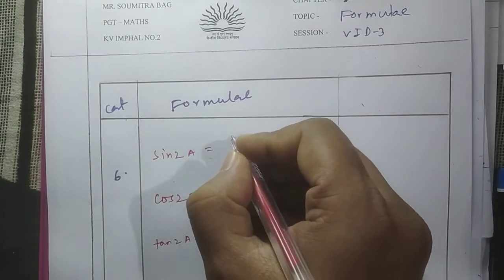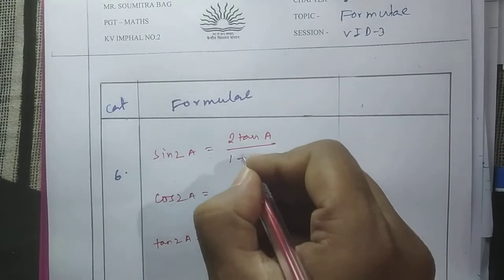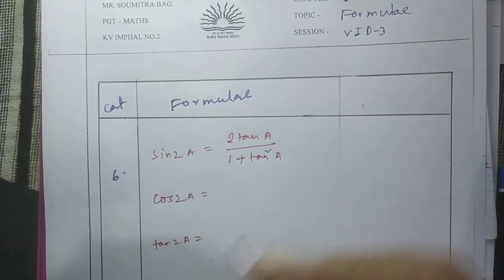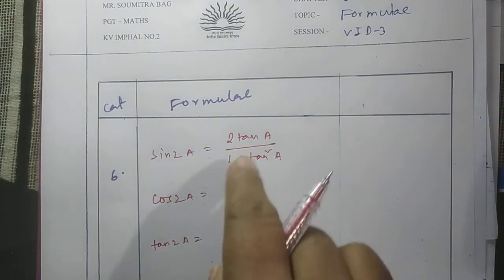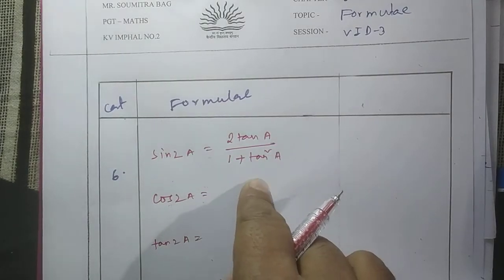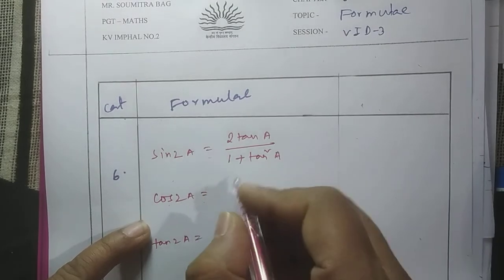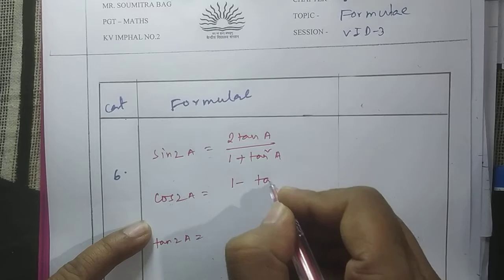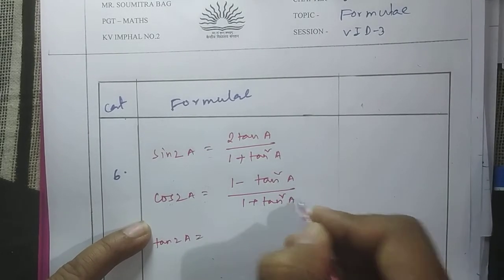Now let us recall what was the formula of sin 2a in terms of only tan. If you remember, it was 2 tan a by 1 plus tan square a. Similarly, the formula of cos 2a in terms of tan was 1 minus tan square a by 1 plus tan square a.